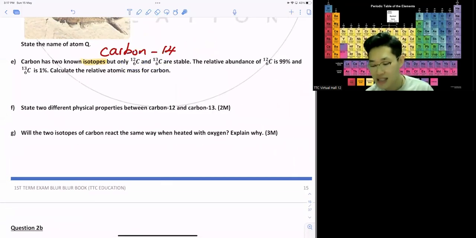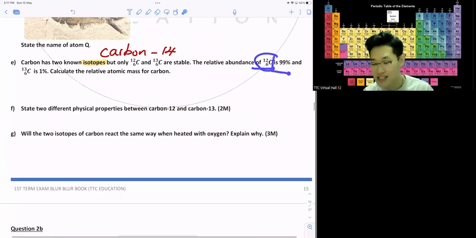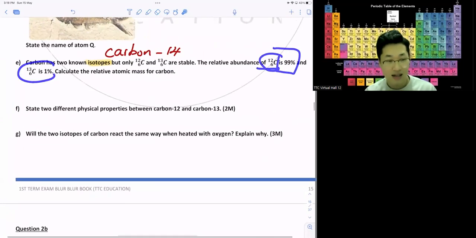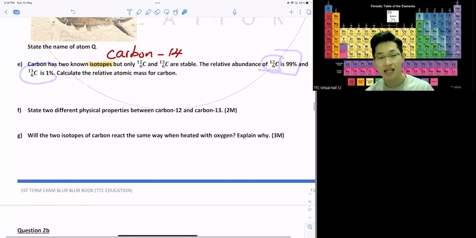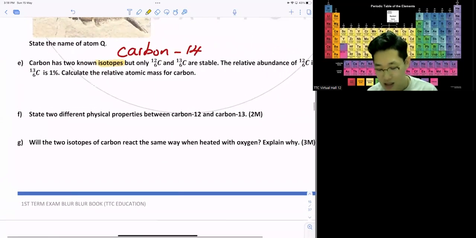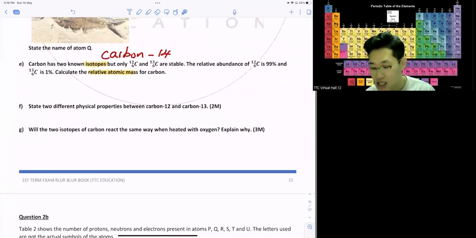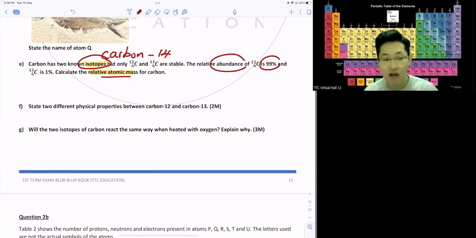The relative abundance of C12-6 is 99%. Carbon 13 is 1%. Calculate the atomic mass. When you see isotope, some percentage, abundance, and then they want you to find relative atomic mass.